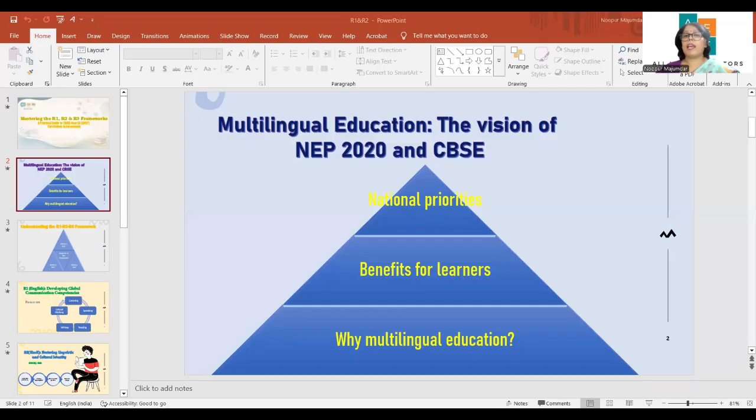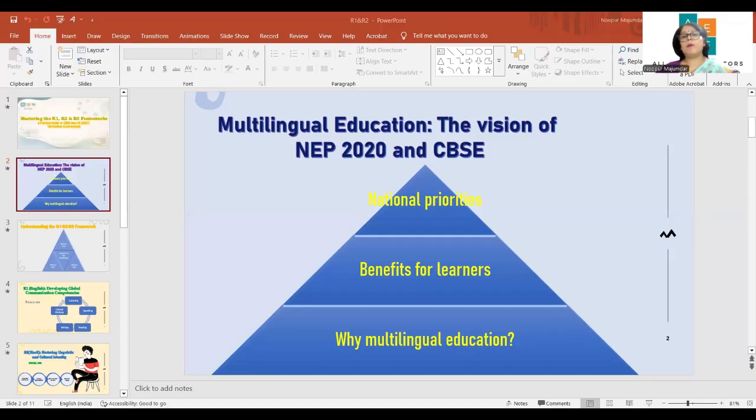They enhance creativity, which we can add as per NEP, and increase confidence in diverse social settings. There may be different backgrounds, different customs, and different traditions, and it will enhance our confidence level. They become more adaptable learners because they learn to think from different linguistic perspectives. Think of yourself as a student: you will be able to understand things in a much better, much clearer manner.